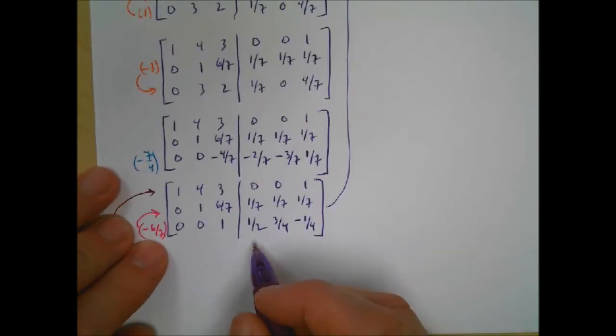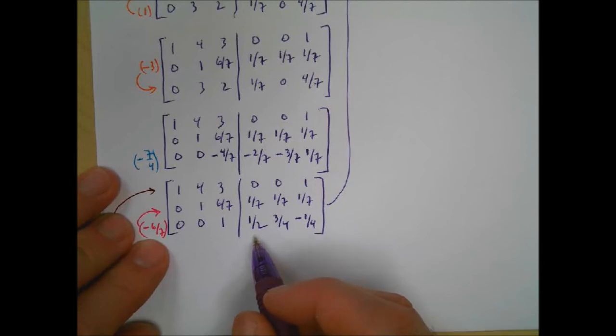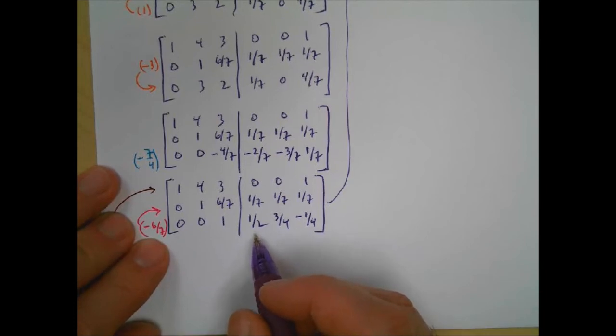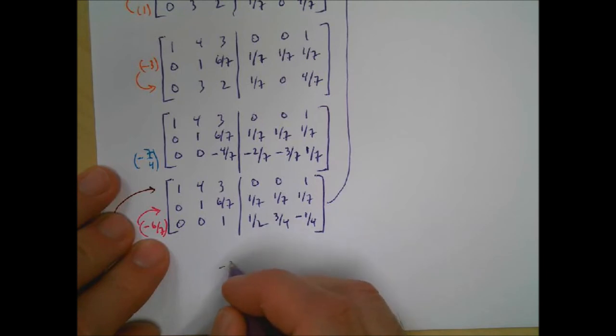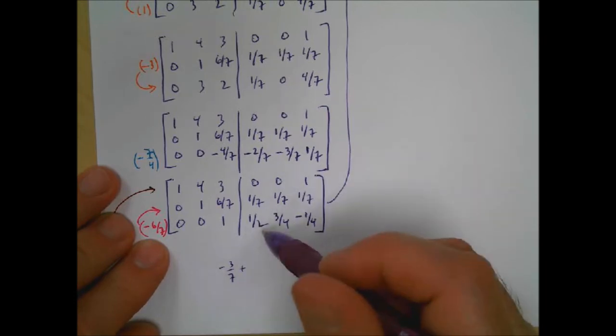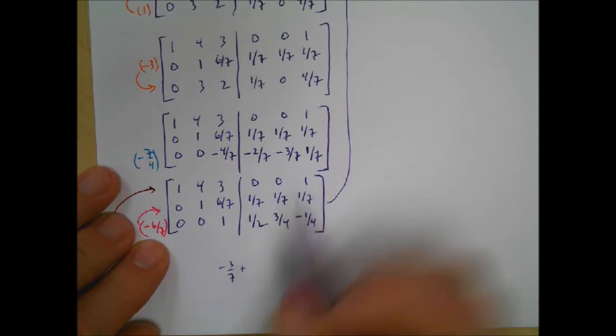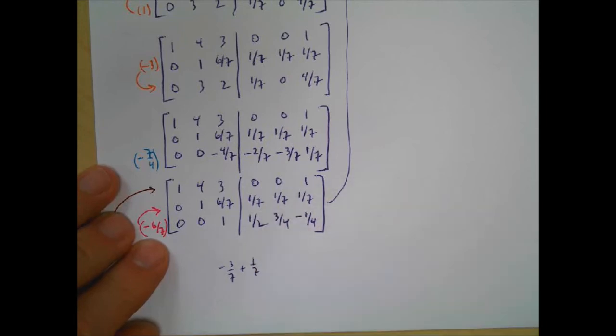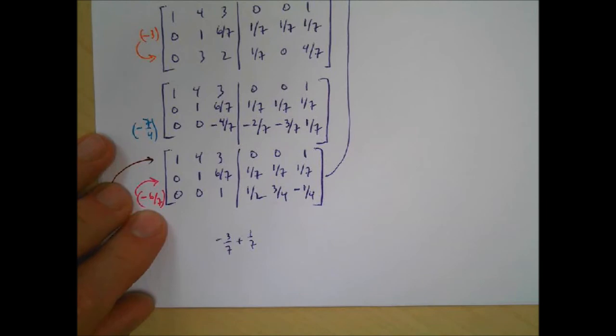Okay, so we got negative 6 sevenths times 1 half. So that would reduce. I would get negative 3 sevenths, negative 3 sevenths plus 1 seventh. Okay, that's not too bad. That's negative 2 sevenths.